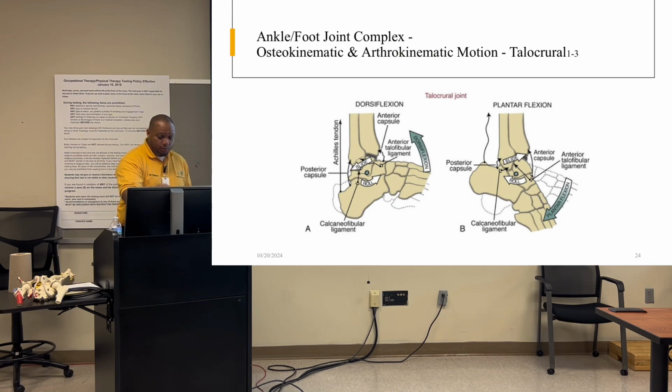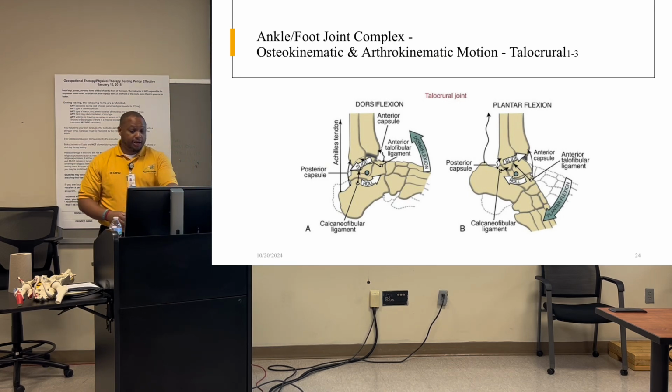Okay, it's showing you which way the talus is sliding. And so we know it's going to be in the opposite direction of the movement. So we have the foot moving anteriorly based on the anatomical position, and the talus sliding posteriorly. Same thing with plantar flexion, we have a posterior swing and roll of the foot moving posteriorly based on the anatomical position with an anterior glide or slide of the talus with plantar flexion.